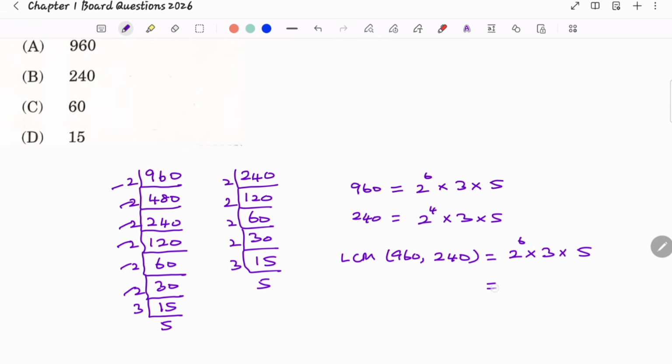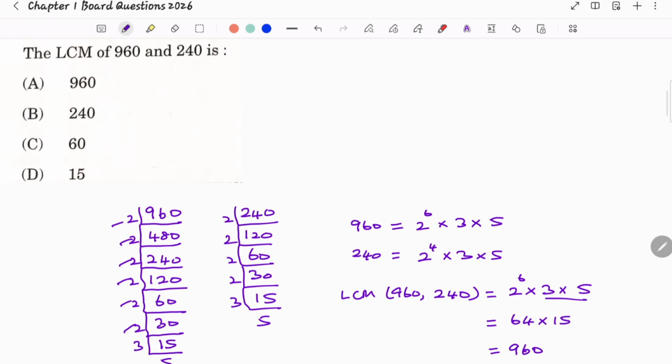So 2 power 6 value is 64. 64 multiplied by 3 multiplied by 5 is 15. Now multiply these two values, 64 into 15, which is 960. So our LCM answer is 960. So option A is correct.